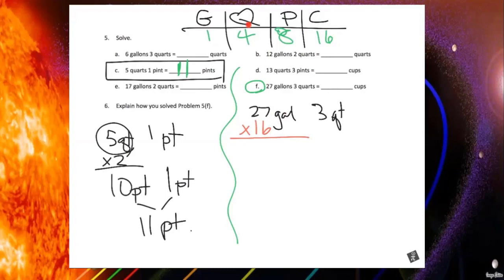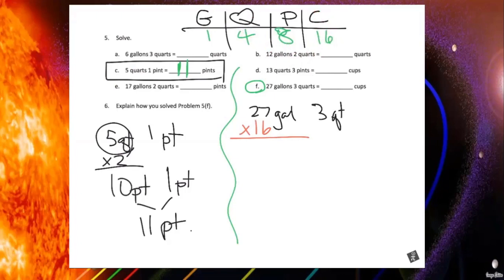Now we can also see our quarts. How are our quarts related to our cups? Well, if you have 4 quarts, you have 16 cups. So 4 times 4 gives us 16. So the conversion factor for quarts to cups is times by 4.